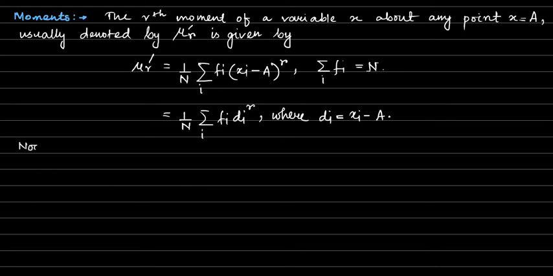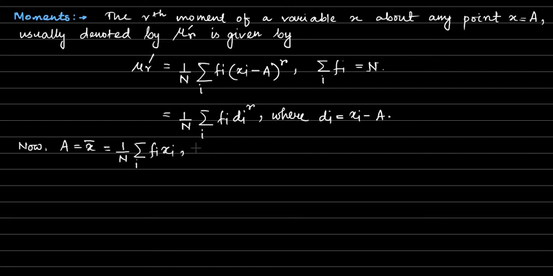Now, if in place of a we put x bar, that is the mean, that means if we now put a equal to x bar, what is x bar? X bar is the mean of the variables, that is 1 by n summation over i of fi xi.